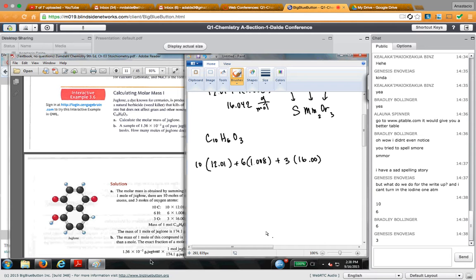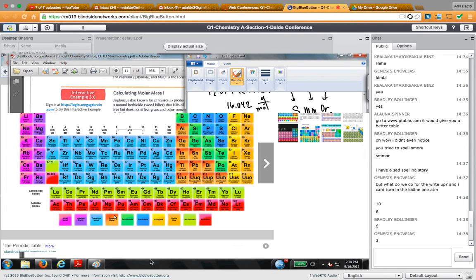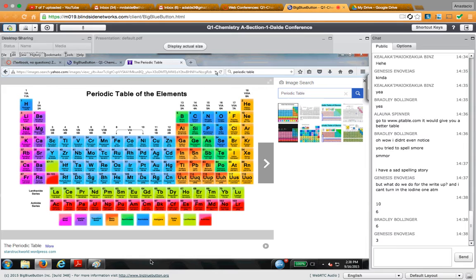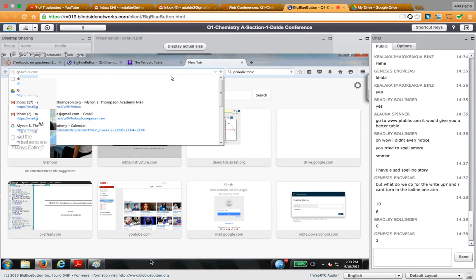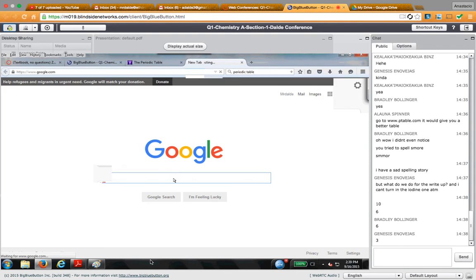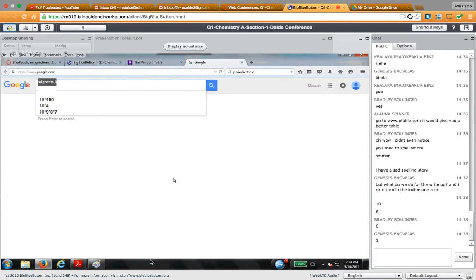So you plug it into your calculator, or why don't we just use Google as our calculator? For some reason my Firefox doesn't like Google. So let's do 10 times 12.01 plus 6 times 1.008 plus 3 times 16.